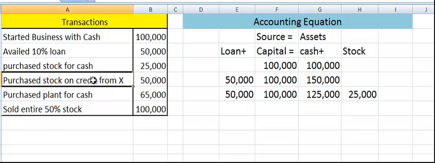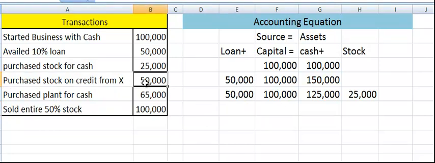But you see the fourth one, once again you are purchasing stock of 50,000. The stock will go up from 25,000 to 50,000. I'm sorry, I should have done that in the next column. Okay, I'm sorry, let me put that once again here.